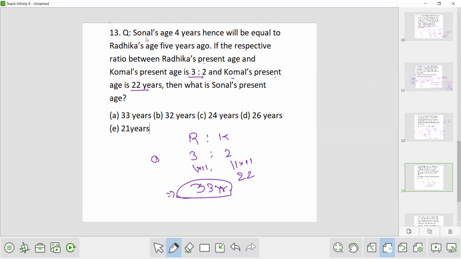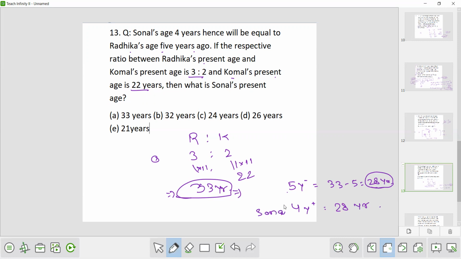Now Sonal's age 4 years hence will be equal to Radhika's age 5 years ago. If at present Radhika is 33 years, then 5 years ago Radhika was 33 minus 5, that is 28 years. So Sonal after 4 years is equal to Radhika 5 years ago, so Sonal after 4 years is 28 years of age.